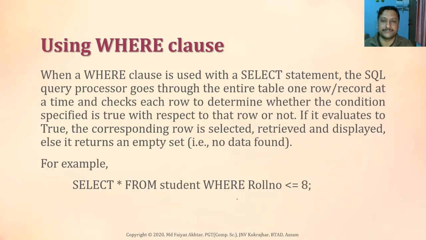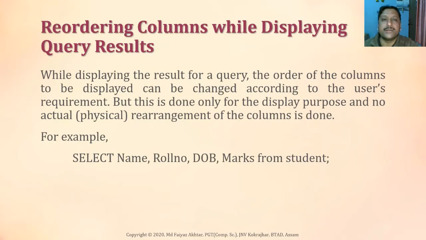Okay. Now, reordering columns while displaying query results. When we create a table, we have to give column names, and accordingly the column names are stored in the table. But we can display those columns in any order using the select command.